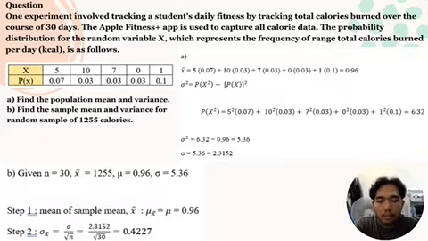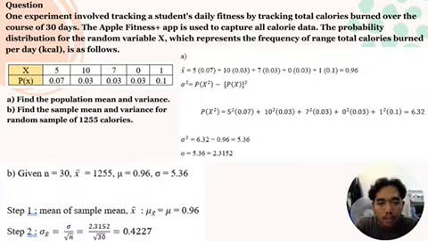As for the variance, this is the formula of the variance: variance, sigma squared, is equal to the sum of probability times x squared, minus the square of the sum of probability times x. The total of probability times x squared we get is 6.32.